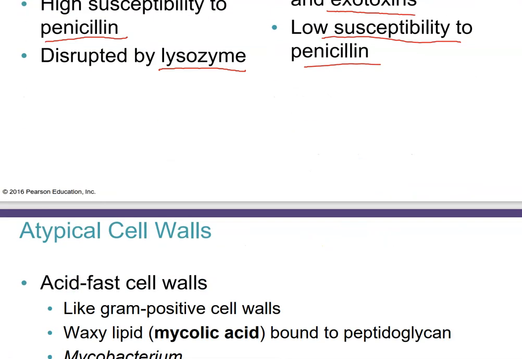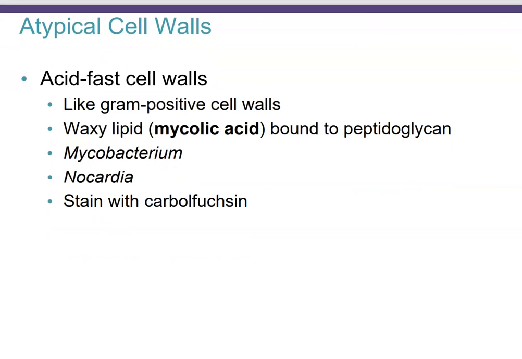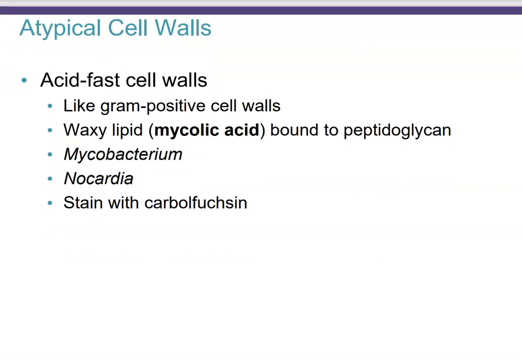Okay, so now let's take a look at atypical cell walls to finish this section off. We have acid-fast cell walls. They're atypical. These are some of the toughest bacteria that we know. They are in general like gram-positive cell walls, but even tougher.